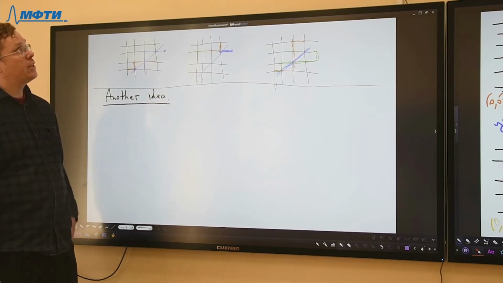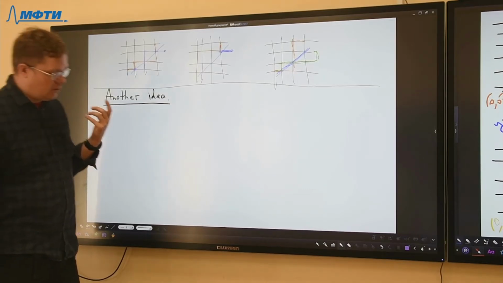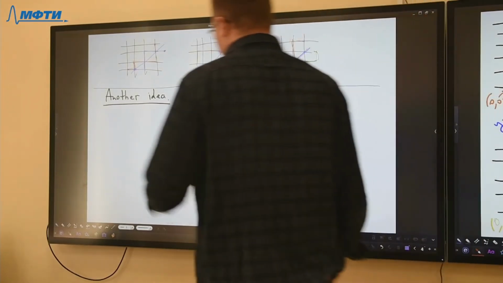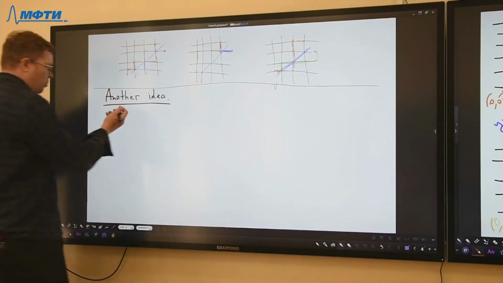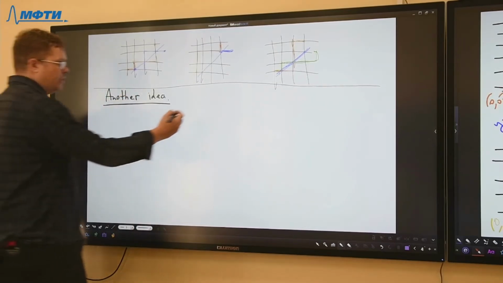Let's illustrate the correctly matched pairs of brackets as different ways of making the multiplication of elements. So I will put some element a inside the brackets.